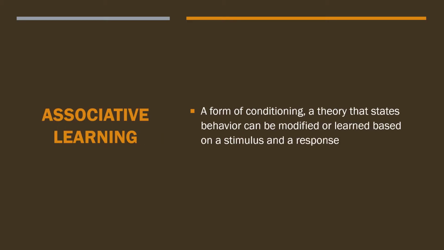Then we have associative learning, a form of conditioning, a theory that states behavior can be modified or learned based on stimulus and a response. This means that behavior can be learned or unlearned based on the response it generates. For example, when you hear the word flower, what comes to your mind?